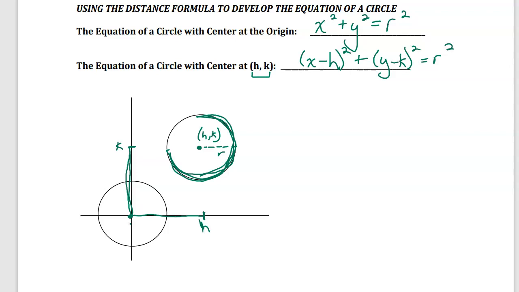And then I have that r squared giving me that radius. The h and the k tell me that it's shifted from the center 0, 0 to some point on my graph. And it's the minus because I want to know that difference between the center and that point.